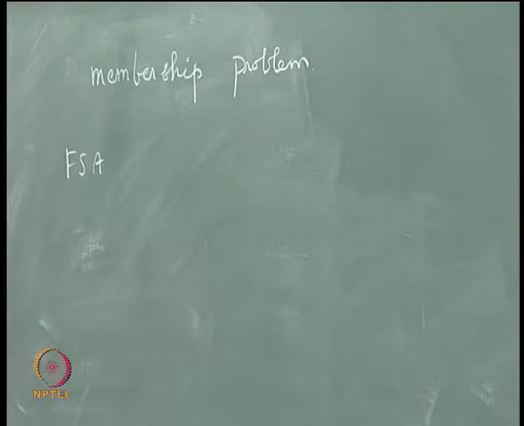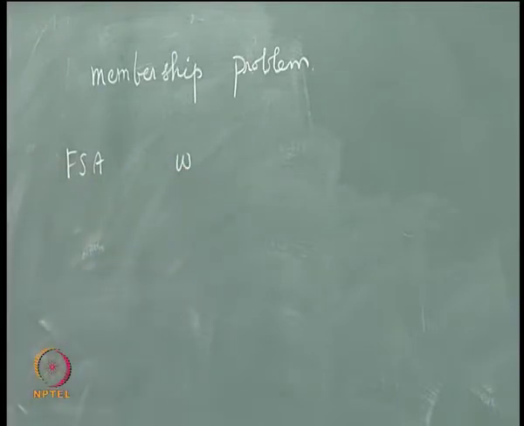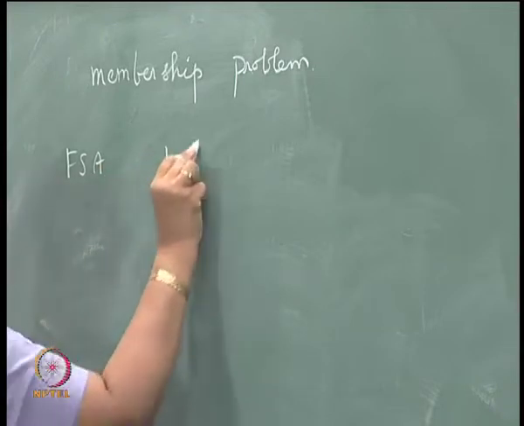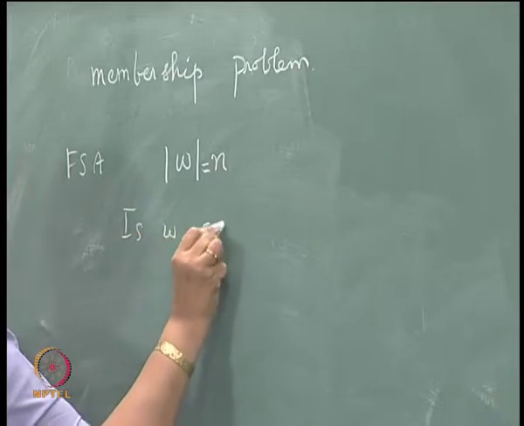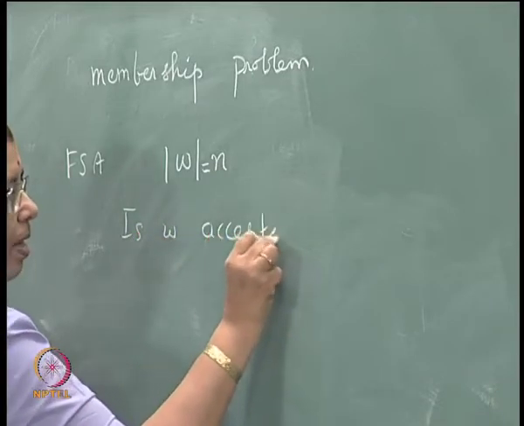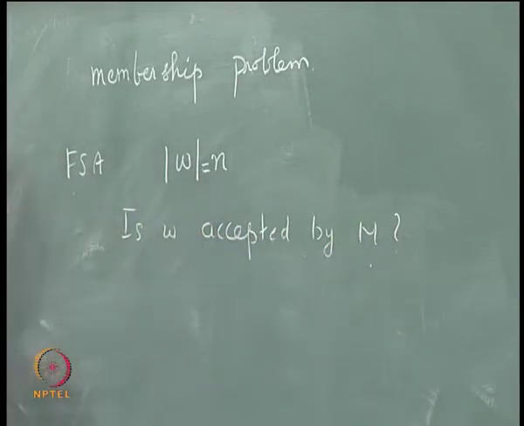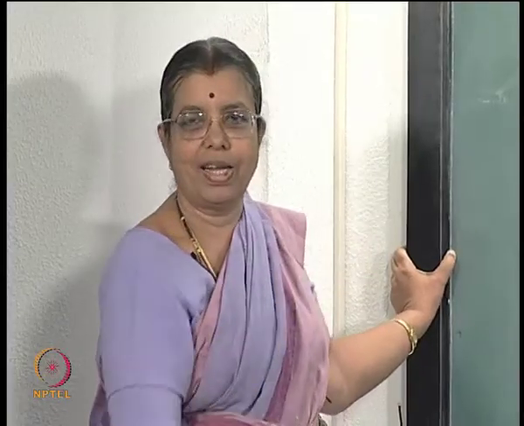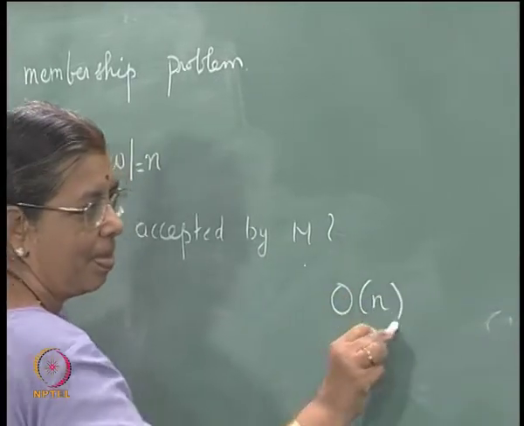How much time will it take, as a function of the length of the input? Is W accepted by a finite state automaton? The length of W is equal to n. Is W accepted by M, where M is an FSA? How much time will it take? You have to just look into that. So, order n time.